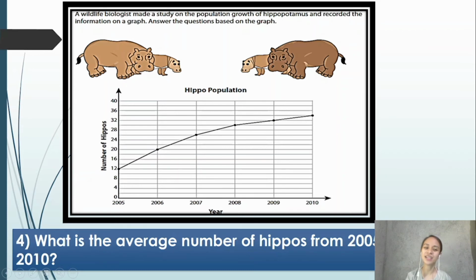Now, let us have number 4. What is the average number of hippos from 2005 to 2010? Remember yung ating napag-usapan kanina, ating na-discuss kung paano kunin ang average. So, what are you going to do?